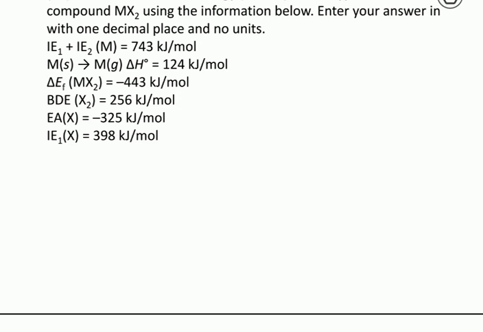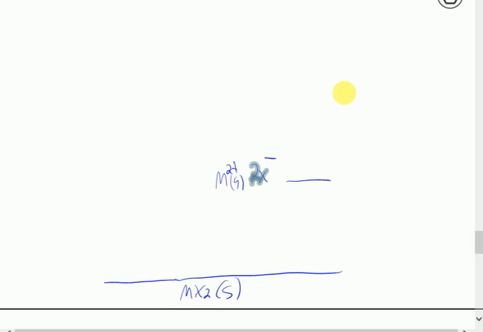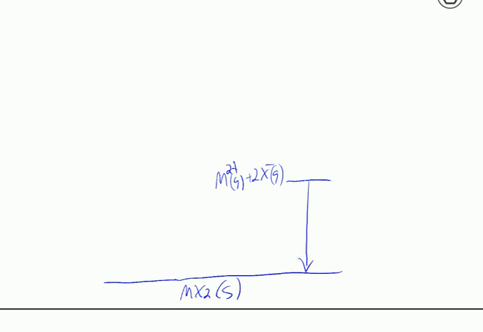So anyway, we're given 2 ionization energies for M, and we're given the electron affinity for X. So that means we have M2+ and 2X-. Okay, so the lattice energy is the energy change involved with taking gas phase ions and combining them to form the compound. So this is what we're trying to find.